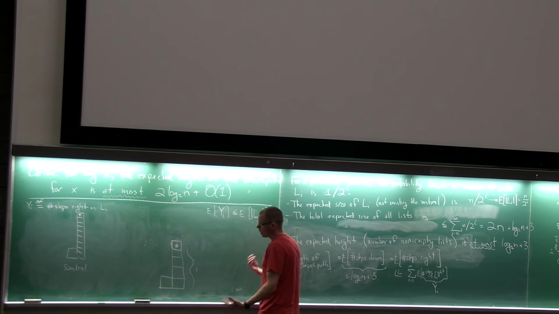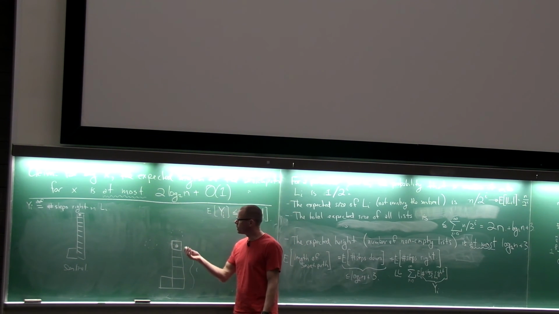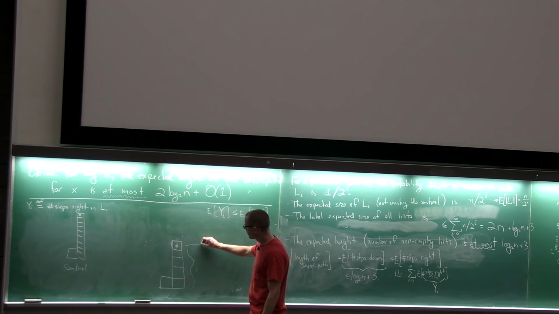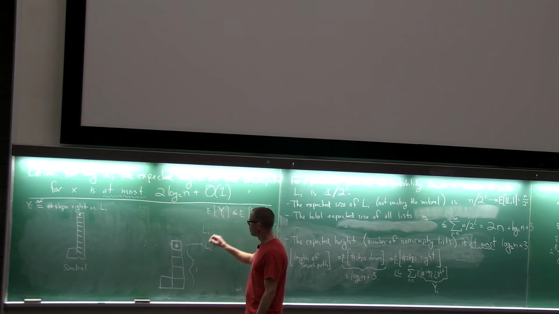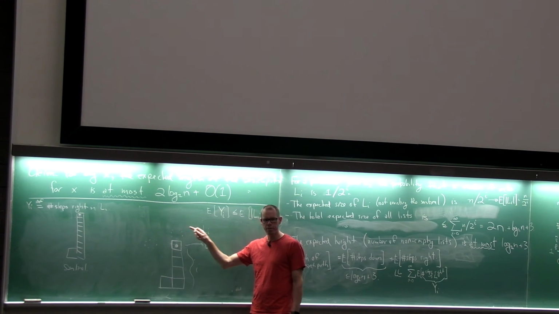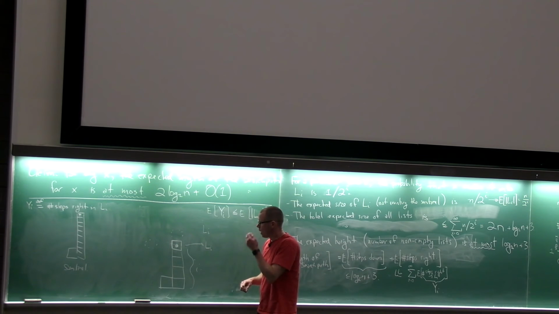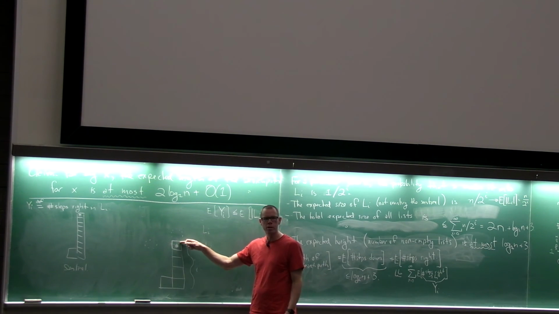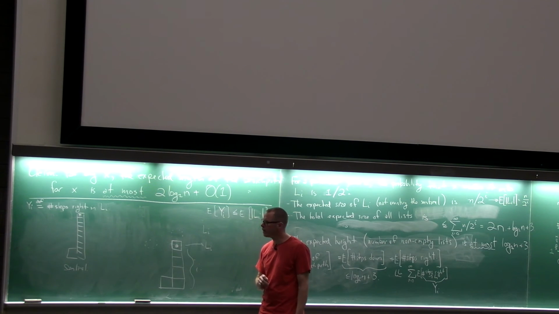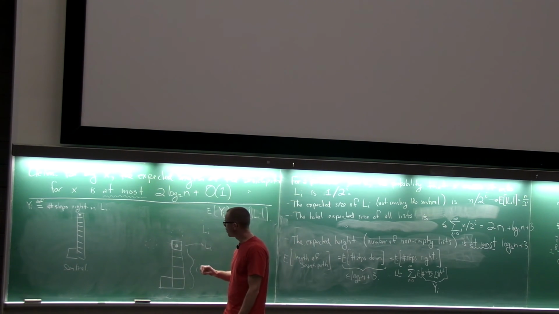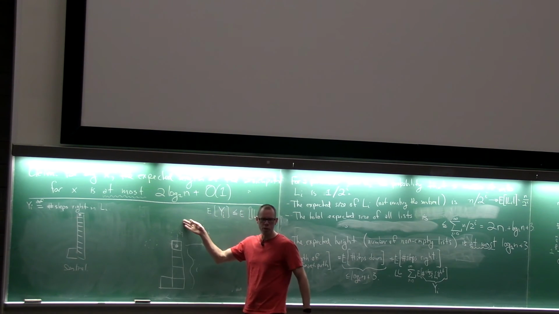Well, if I tell you nothing else, then all I know is that this node appears in list Li, and it may or may not appear also in list Li plus 1. And what determines that is a coin toss, whether a coin toss that we did at this point came up heads or tails. So half the time, you may be able to just go straight up.